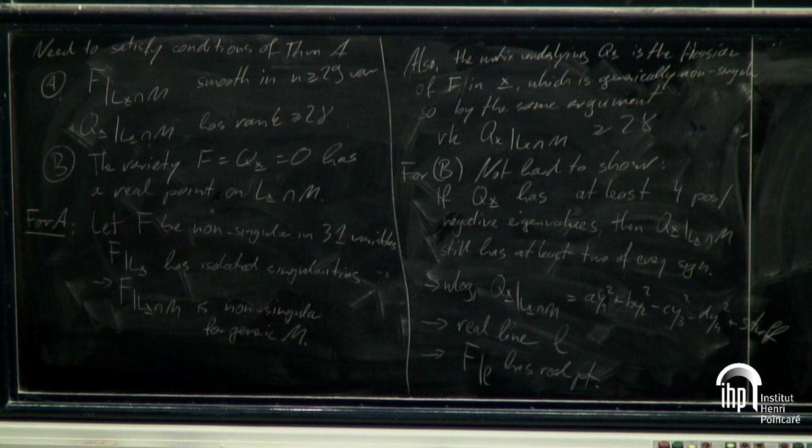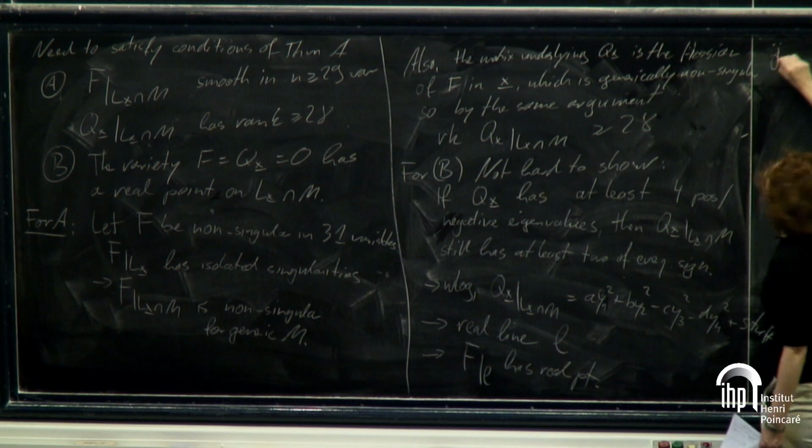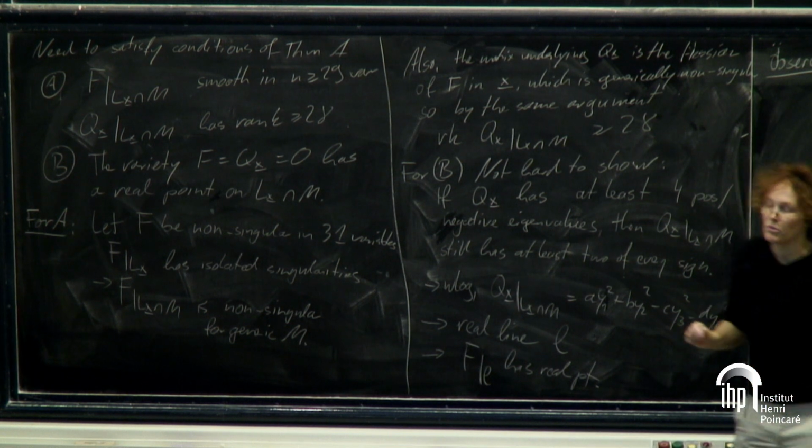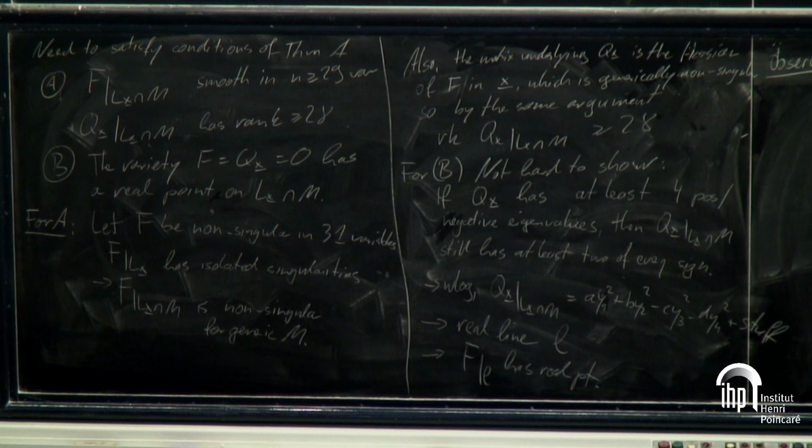Of course, the eigenvalues of Qx depend on the x we started with. But now let's observe. Well, suppose the x we picked is a bad one. So let's suppose it's as bad as it can be. Qx is positive definite.